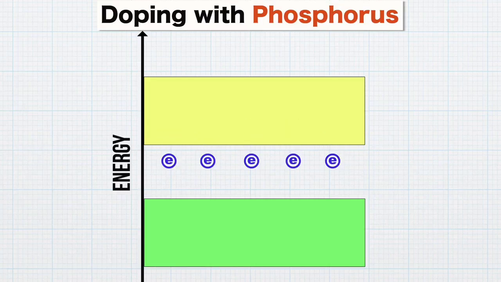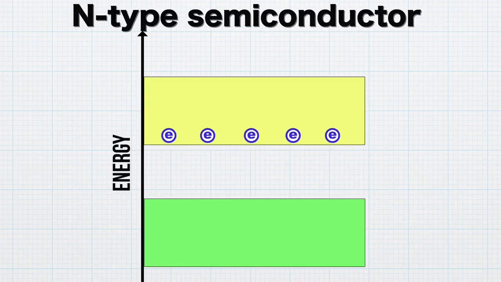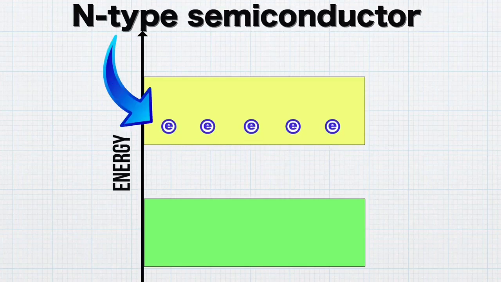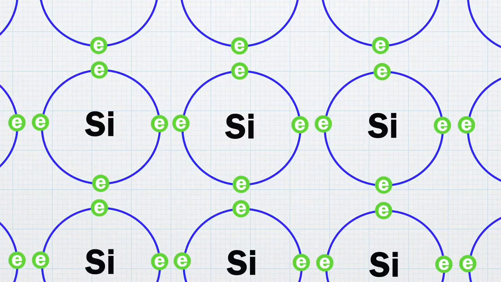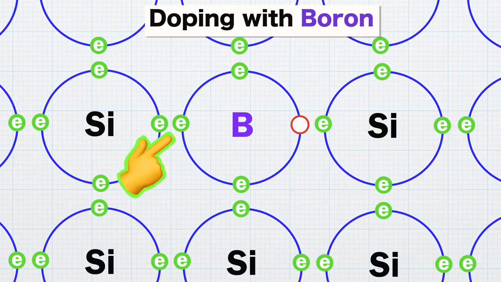Now the electron can easily jump to the conduction band when energy is provided by an applied voltage. This is called an N-type semiconductor. N-type refers to the negative charge of the extra electron.